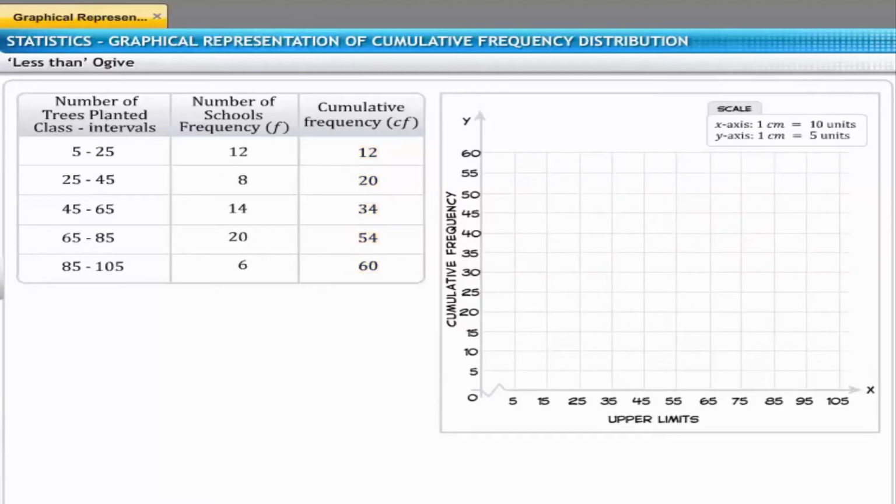Next, we'll mark a point above each upper limit of data on the x-axis corresponding to its cumulative frequency on the y-axis. For example, for the upper limit of 25, the cumulative frequency is 12.